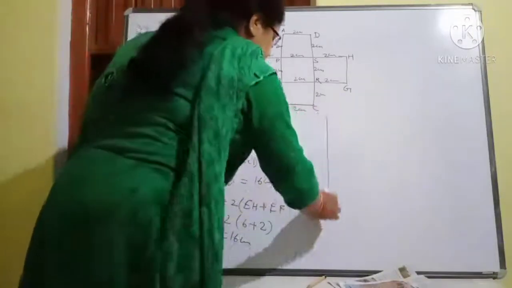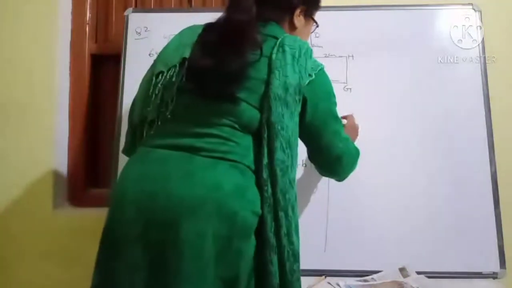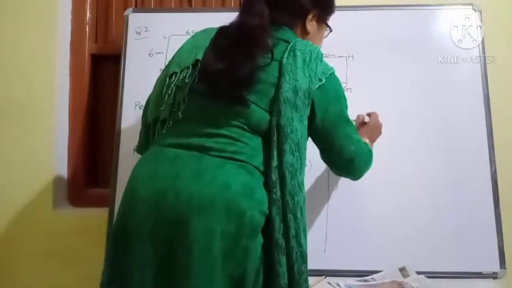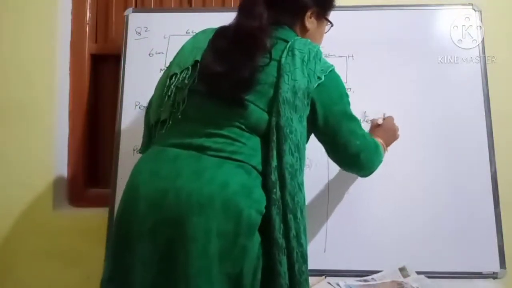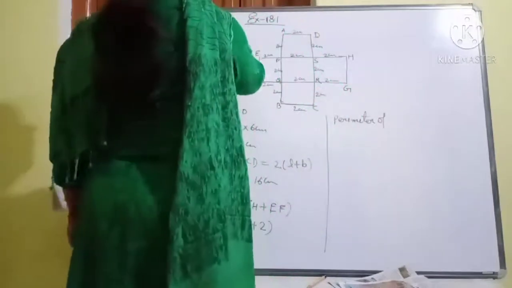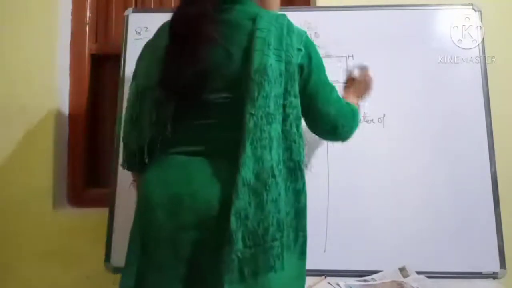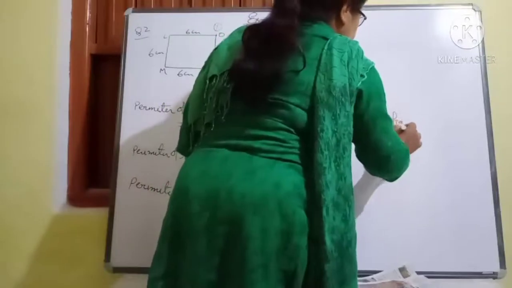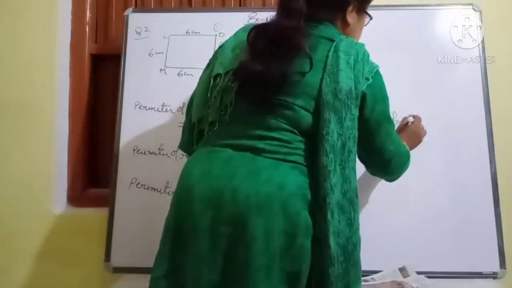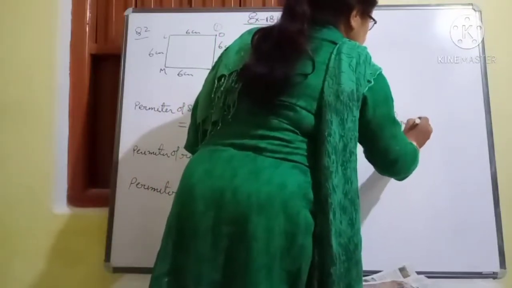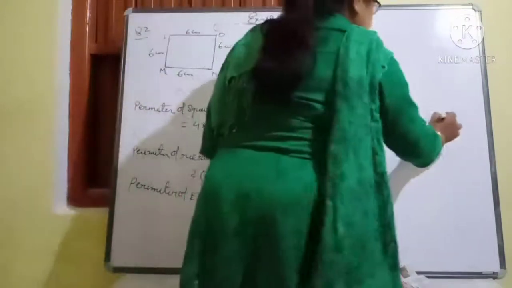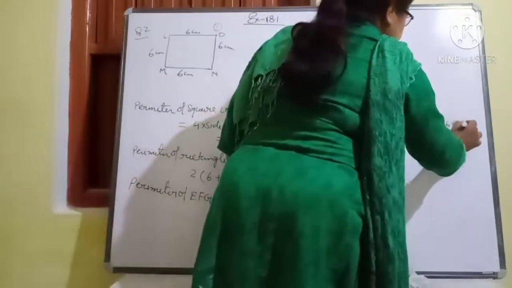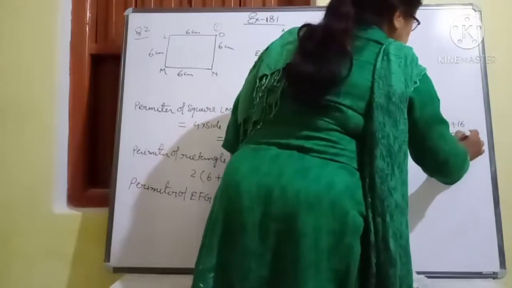Now see, perimeter of figure 2. This is figure 1 and this is figure 2. Perimeter of figure 2 is equal to 16 plus 16. 16 plus 16 is equal to how much, beta? 32 centimeter.